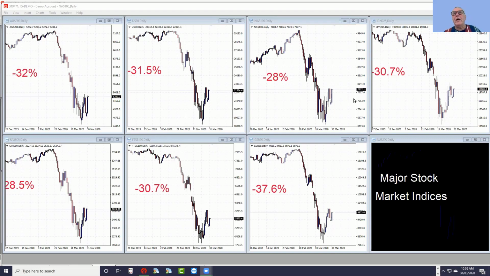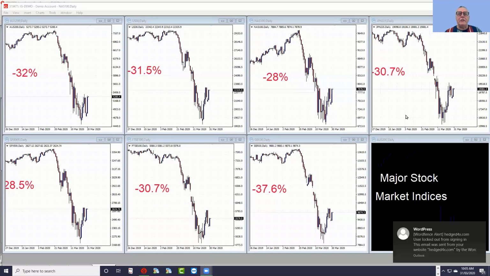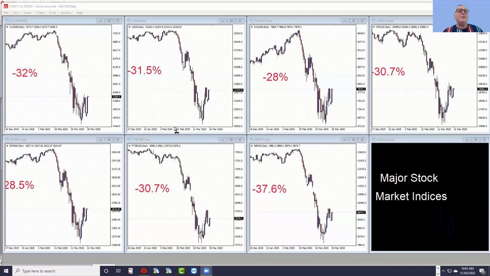So a return in confidence, partially, you can see it's almost a 1/3 recovery in most cases. So there is a good return in confidence, and hopefully that will start stabilizing the financial markets to a certain degree. Okay, so let's move on to the Forex markets.